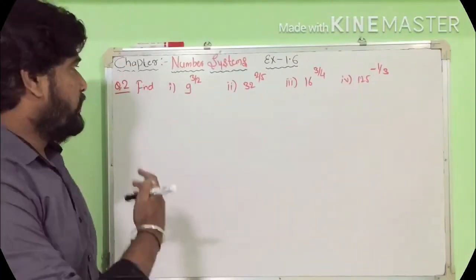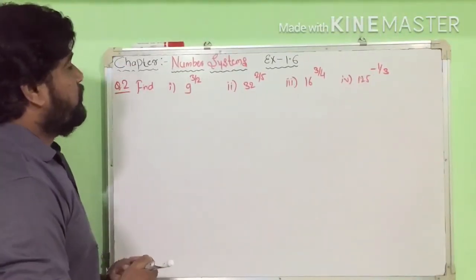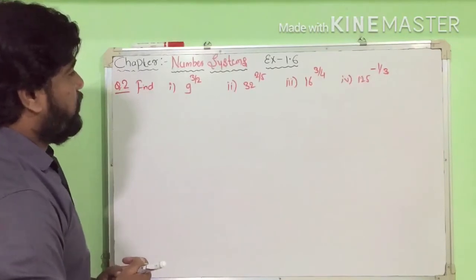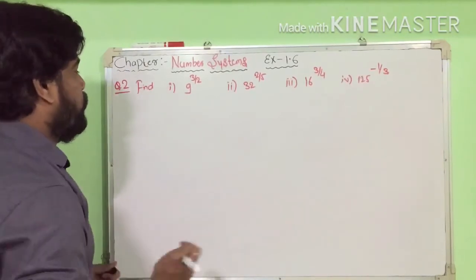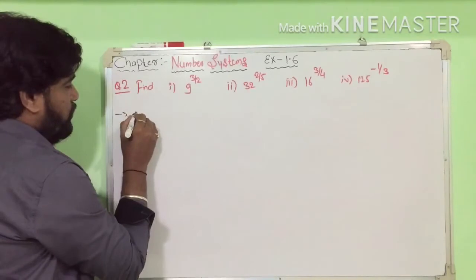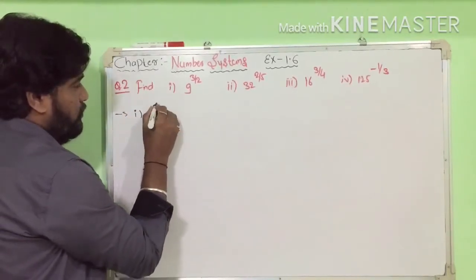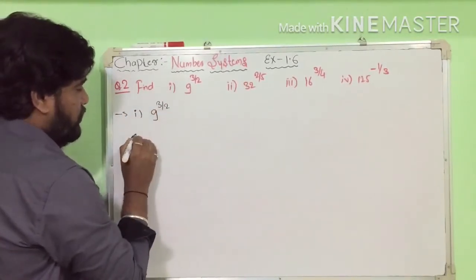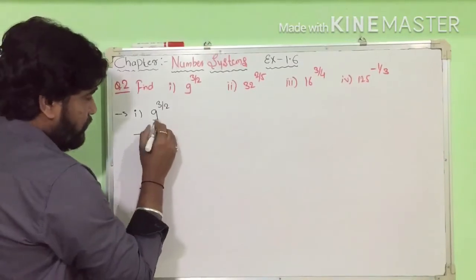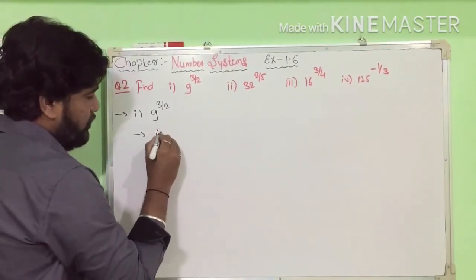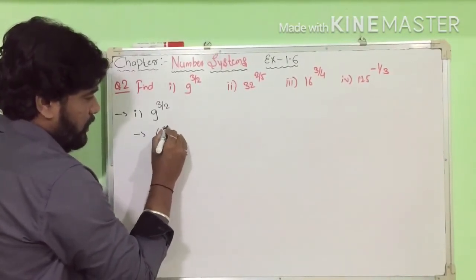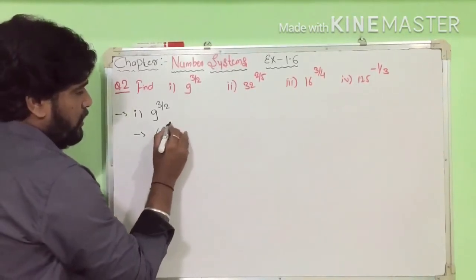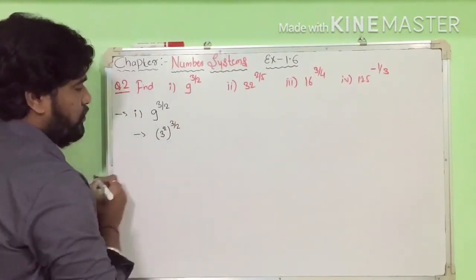Well, students, the next problem is find. Here the first one given is 9 raised to 3 by 2. So the solution: 9 raised to 3 by 2. We can write 9 as 3 square, and here 3 by 2.